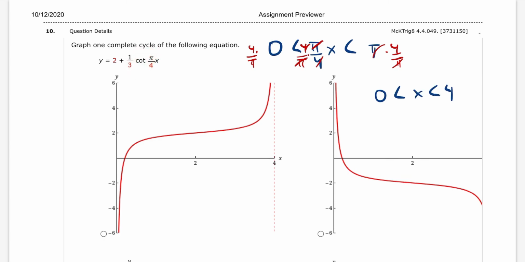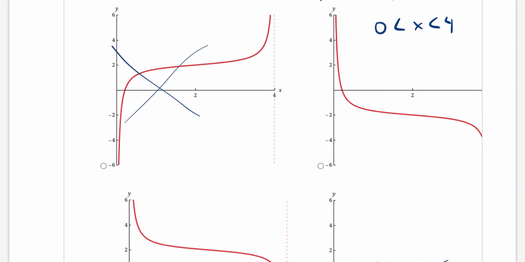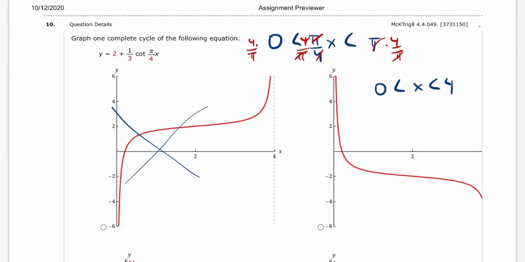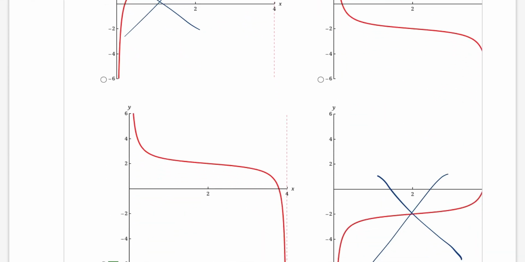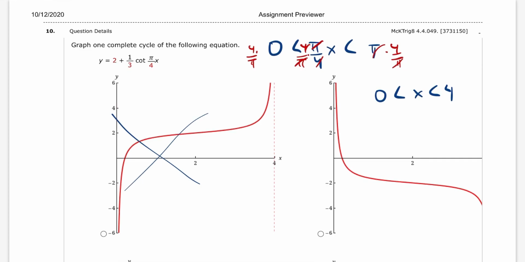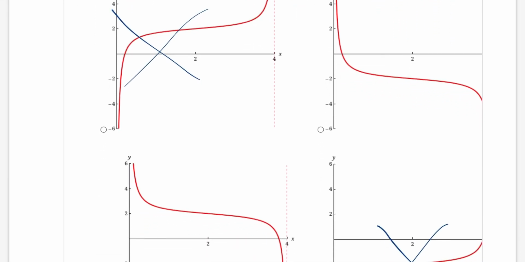So this is out of the question, and this one's out of the question. It's got to be between these two here. And between those two, let's see, 0 to 4, 0 to 4. They both go from 0 to 4. This one should be shifted up 2 units. And it looks like this one is the one that is shifted up. This one is shifted down. So it's got to be this one.